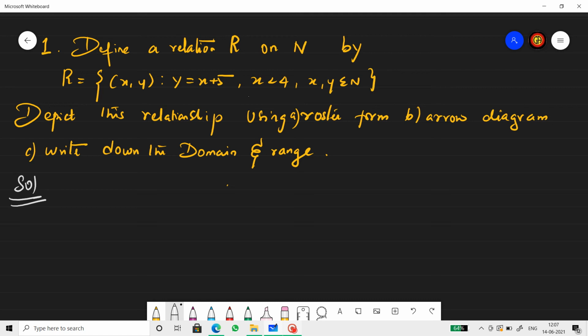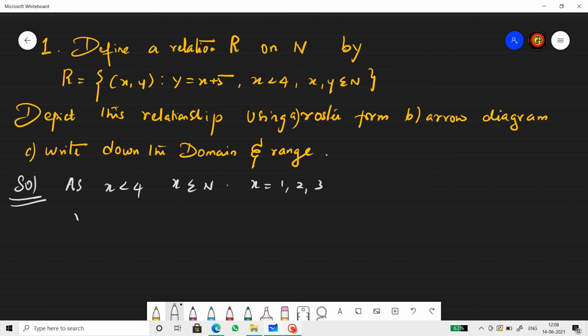Now, where is the relationship? x and y are related by y = x + 5. So what is the relationship here? y = x + 5 or y - x = 5. So here this is the relationship that connects x and y. Now, as x is less than 4 and x belongs to natural numbers, the elements of x are 1, 2 and 3.